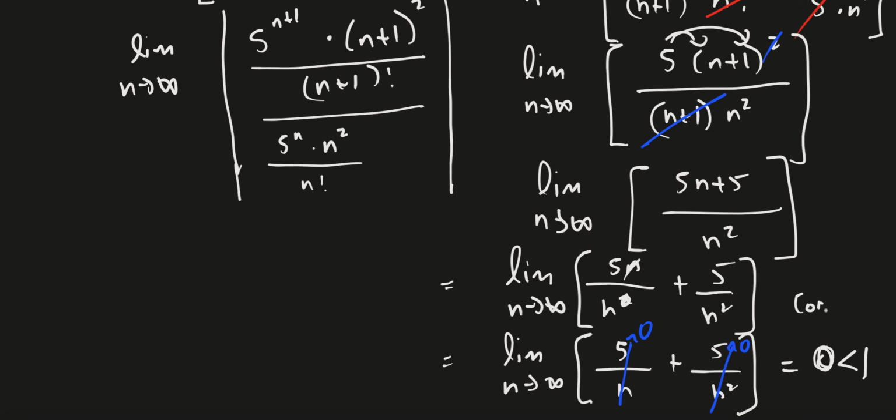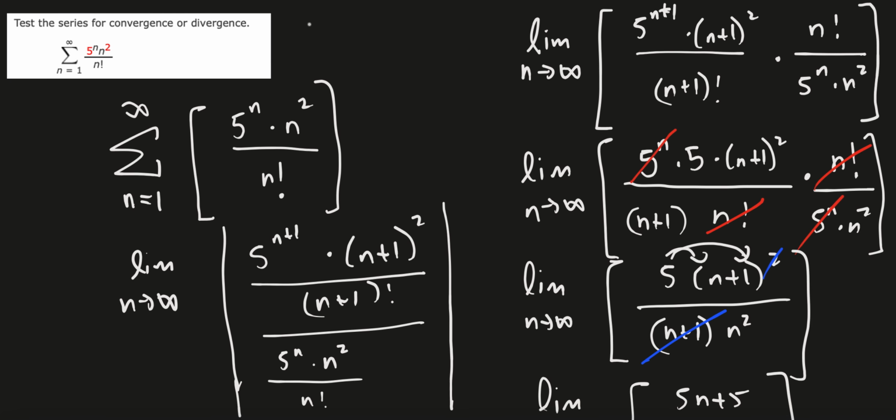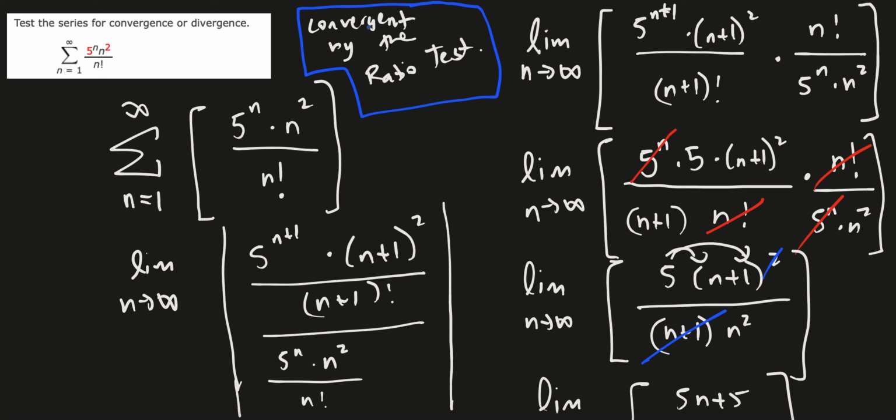We just want to know convergent or divergent. So this is convergent by the ratio test. Beautiful. This is your conclusion, and this proves convergence for this here. Hope you found this video helpful.